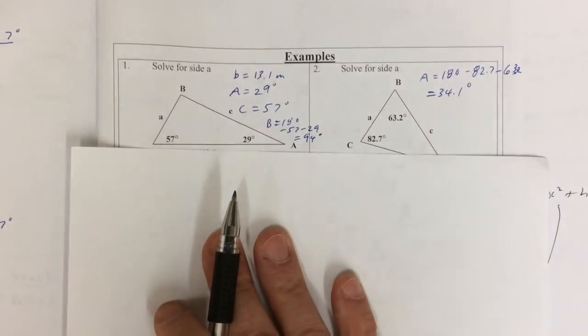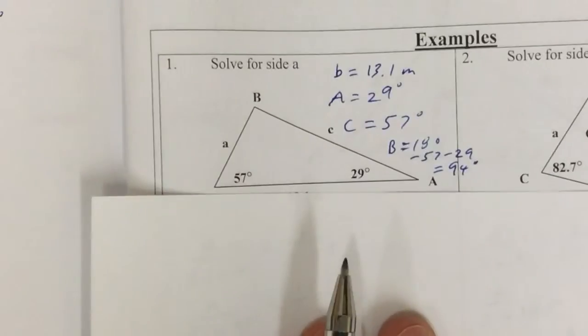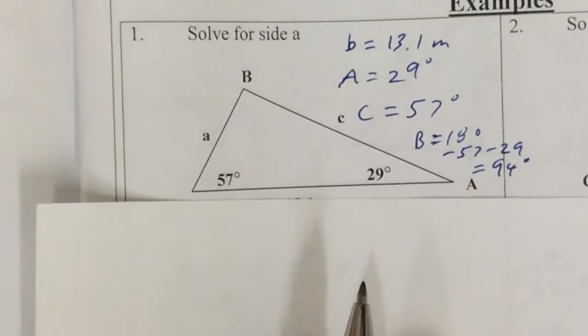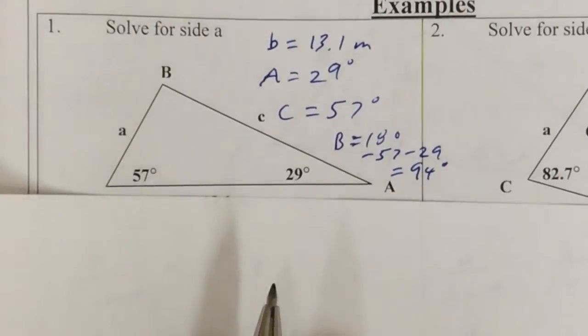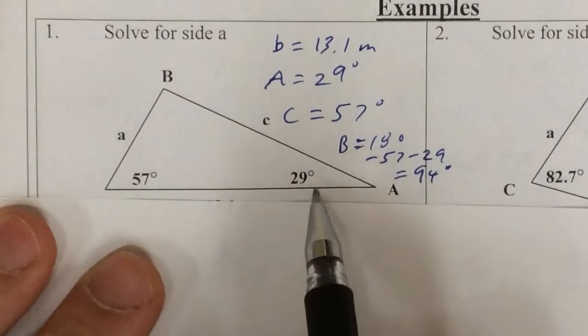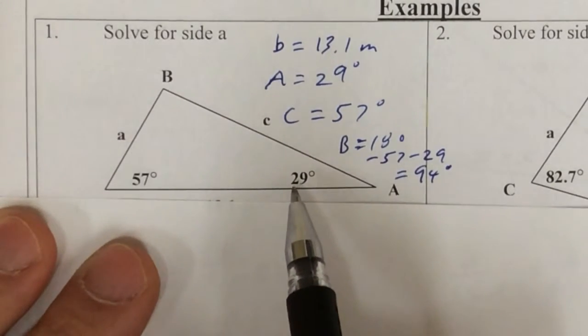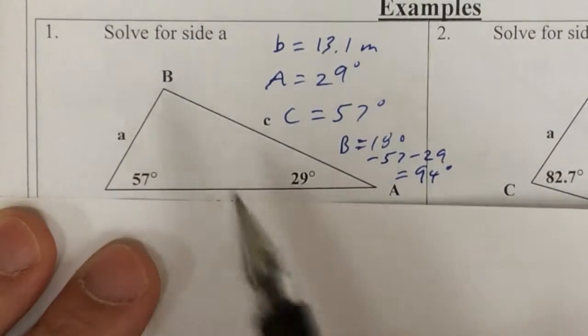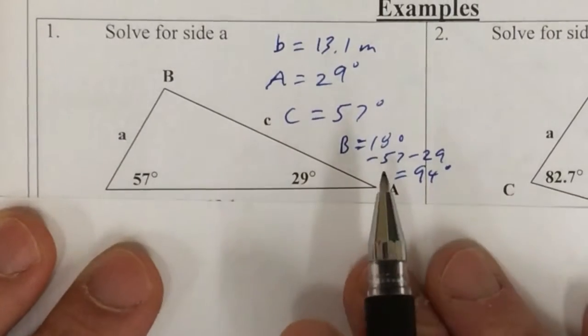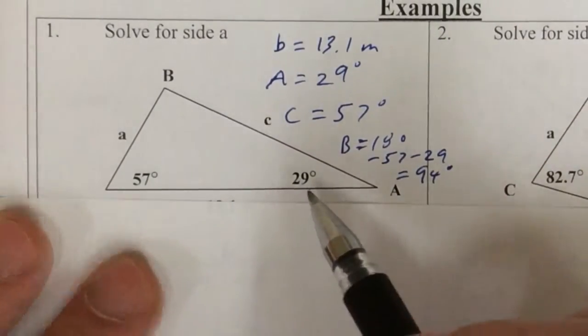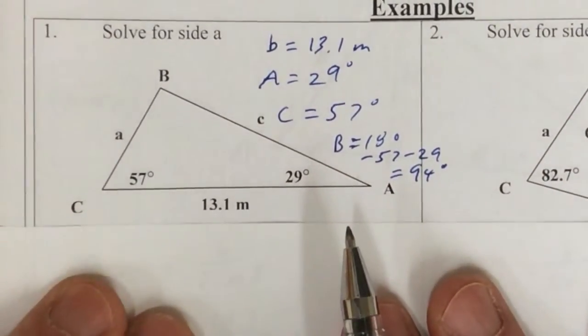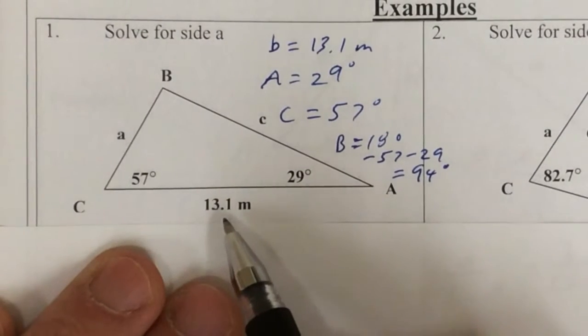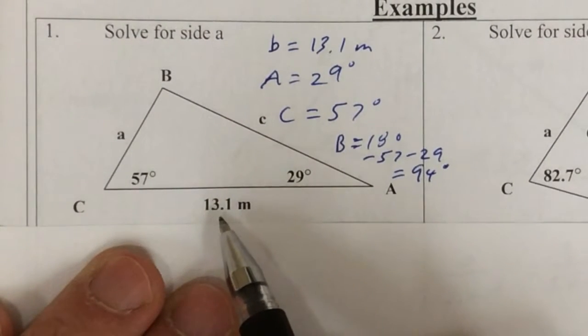So this one here: solve for side A. You're given these two angles and you want to get side A. Sorry, I covered up something that you're given. You're also given this side down here.